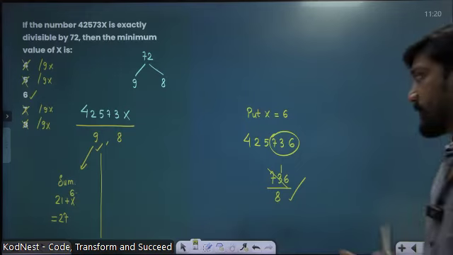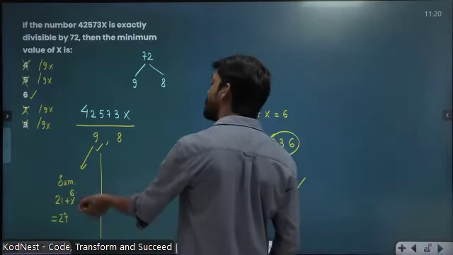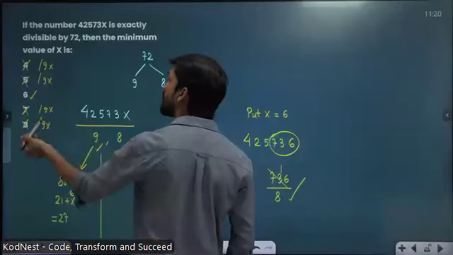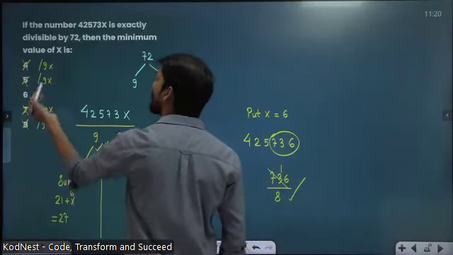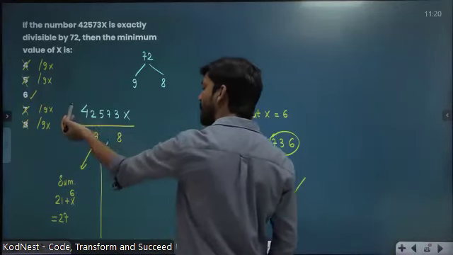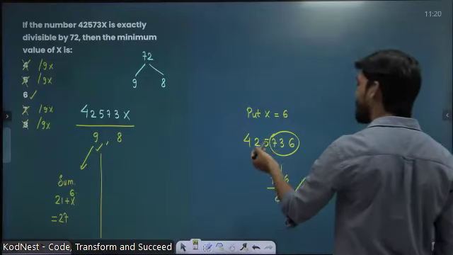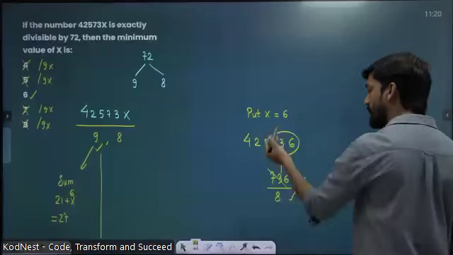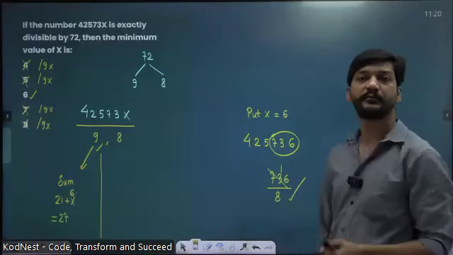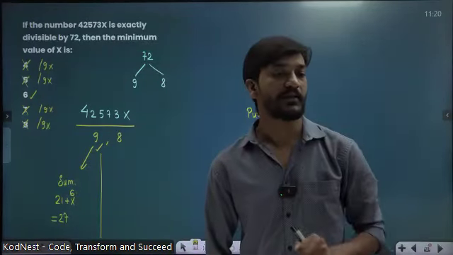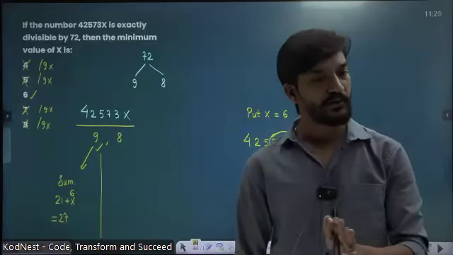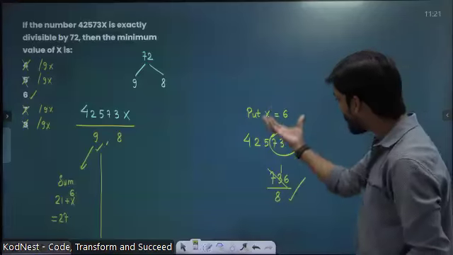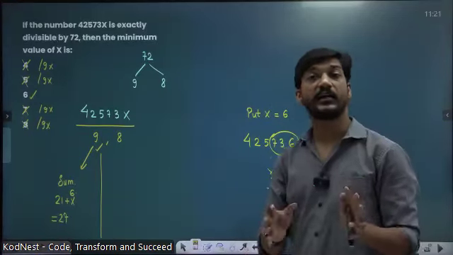So this is what I was saying. X equal to 6 is the value you are getting from 9. So automatically other values will be wrong. Now you need not check for 8, but yes, if you want to check, write x equal to 6 and check divisible by 8. But it is not necessary to check. You will get it for sure. You have done it for your satisfaction.